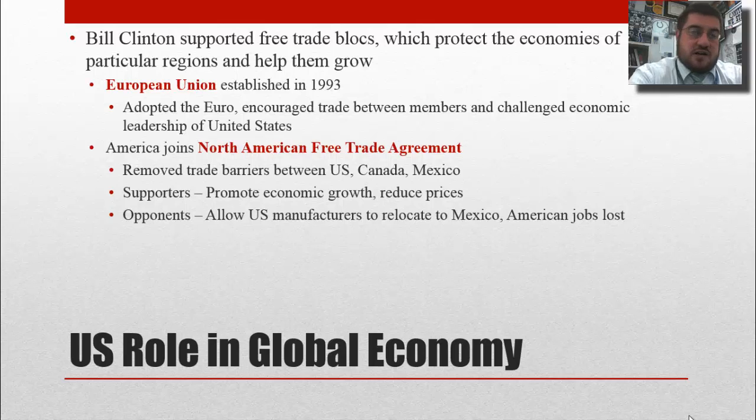Opponents say that we're going to lose American jobs, especially manufacturing jobs, if companies can relocate to Mexico with no penalty. And so there's good and bad to NAFTA, which is still in effect. They just finished putting in the last of the stipulations a few years ago, so now it is fully in effect.